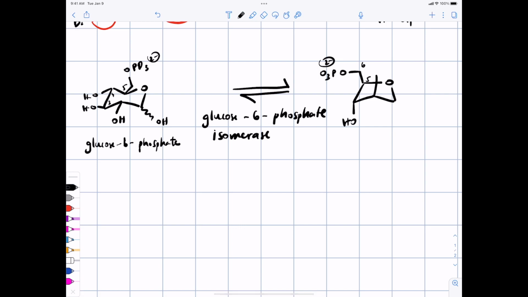The OH on carbon 3 is still up. One of the things you'll notice, though, is we've moved the hemiacetal carbon over. The hemiacetal carbon used to be carbon 1. And now it's carbon 2.